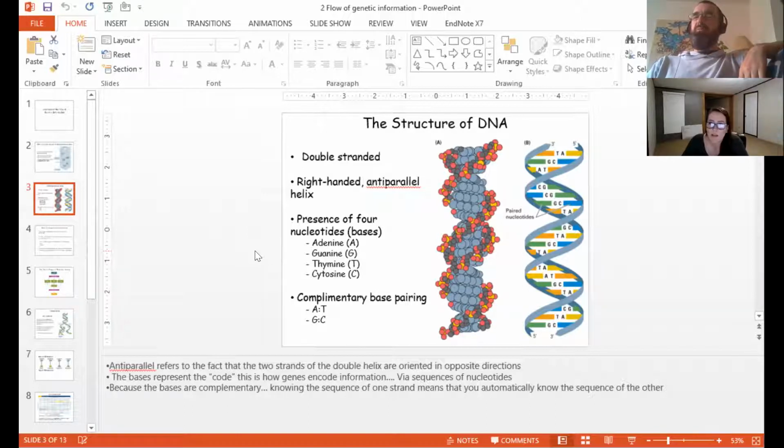What makes hydrogen bonds the perfect ones to hold together the two opposing strands of DNA? Their cohesive properties. So how do those rate compared to, let's say, a covalent bond? They're a lot weaker, so it's easier to break them apart and connect them back together. Yeah, exactly. That's really good.